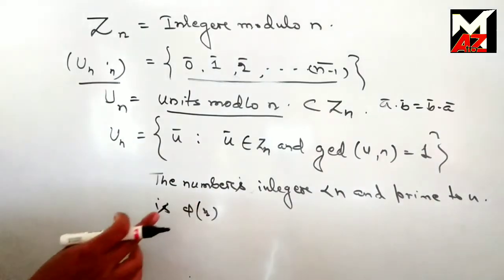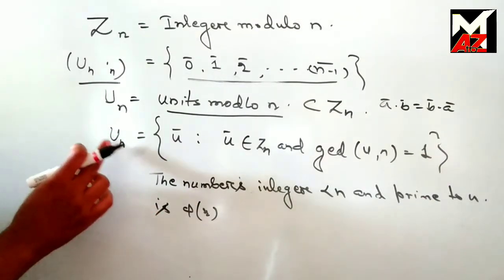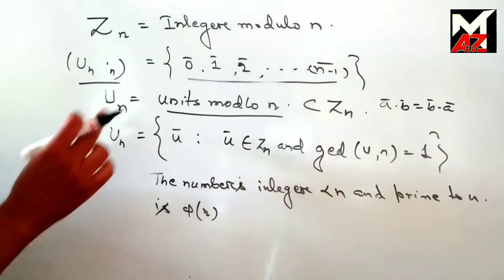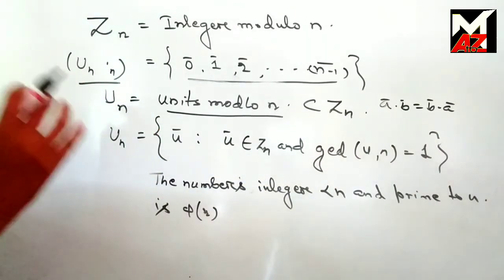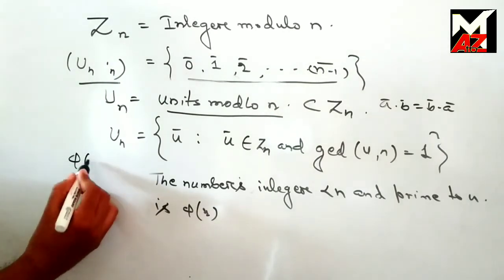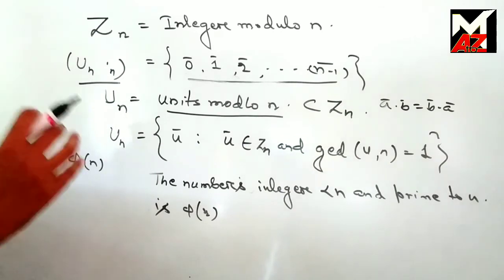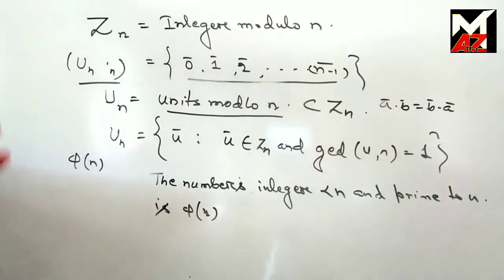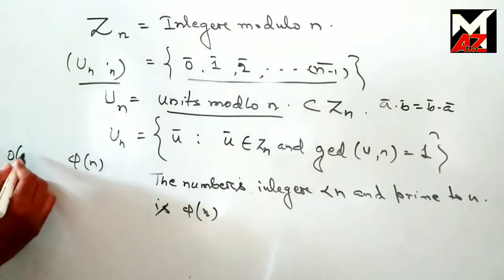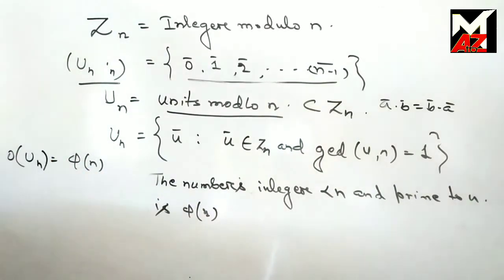So in this group Un the number of elements is phi of n, and this is the order of the group, because the order of a group is defined as the number of elements of the group. So the order of Un is equal to phi of n. This is a very, very important group of group theory, and this is today's discussion. Thank you very much.